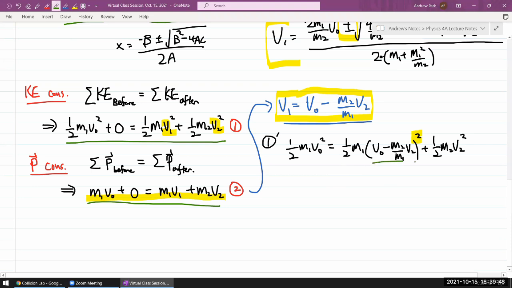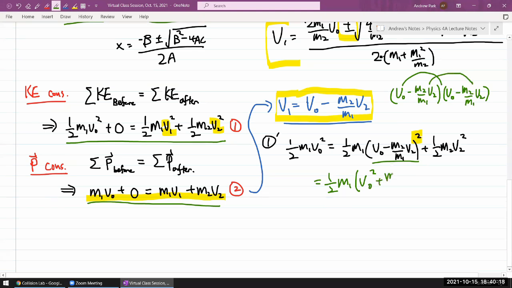I'm going to expand this out. So it's v0 minus m2 over m1 v2 times itself. So you have v0 times v0, you have v0 squared, and so on. So let me just write it out. I have 1/2 m1 times v0 squared, and then I have this term here, so that's going to be plus m2 squared over m1 squared v2 squared.